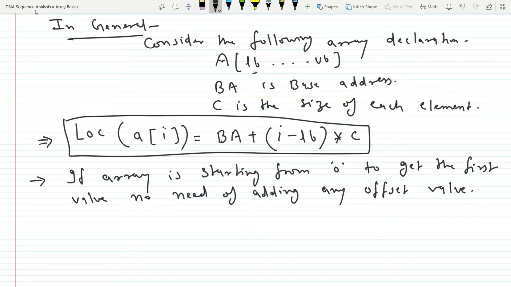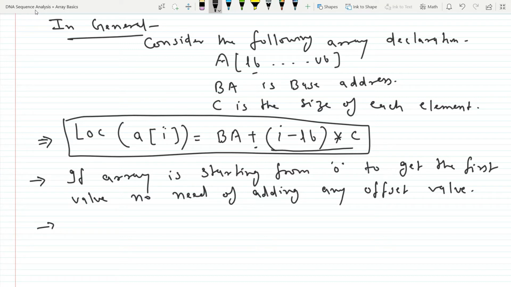So what is the offset value? Offset value is whatever we are adding, this particular thing. So if the array is starting with 0, there is no need, because that many elements are already there. Okay, we already saw this in the previous example.